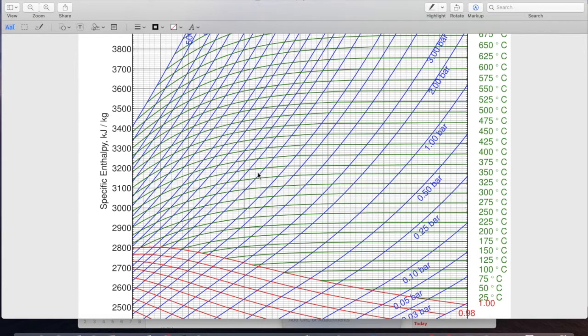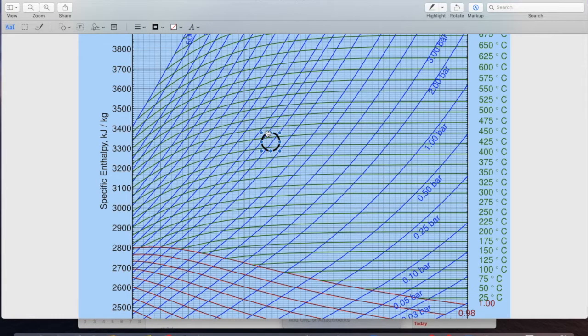We're producing steam at 200 kPa gauge, so that's 3 bar absolute. So that's right about here. So I'm going to put a circle there. So that's at 3 bar right there.